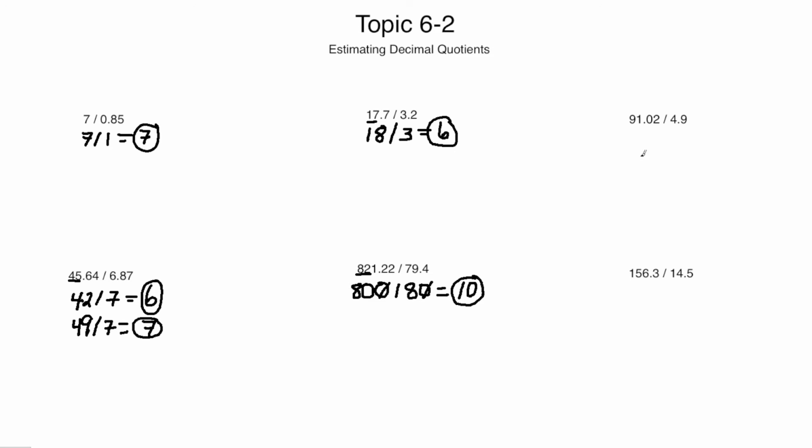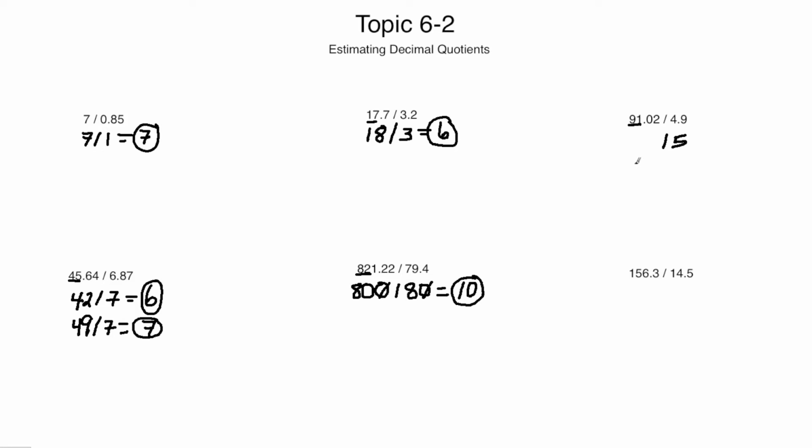All right, let's look at 91 and 2 hundredths divided by 4 and 9 tenths. Go ahead and stop and estimate it. All right, so I'm going to take 4 and 9 tenths and estimate it to 5. And I'm going to say, well, 5 can't go into 91, but 5 can go into 90, and 5 can go into 95.